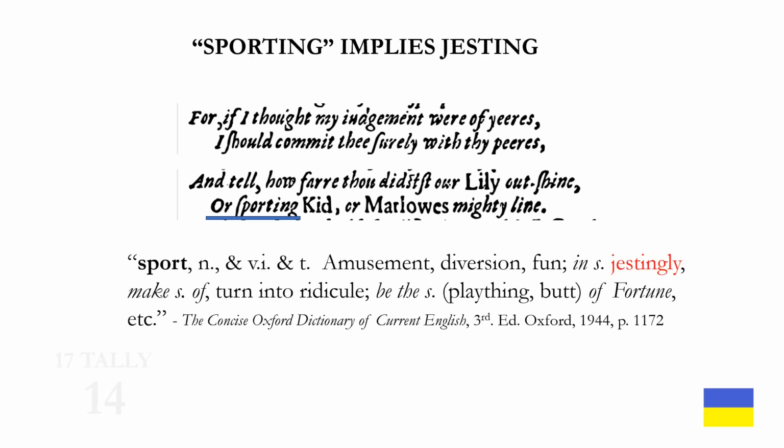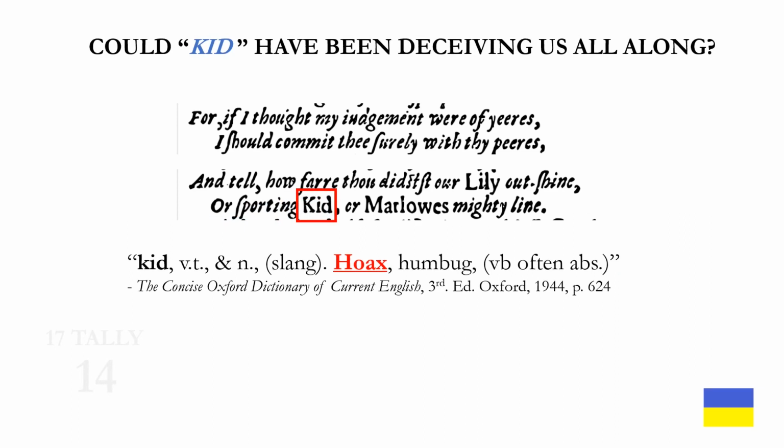Sporting implies jesting, as it says in the Concise Oxford English Dictionary of Current English, which is actually Old English from our perspective. It's defined as amusement, diversion, fun, jestingly. Could Kidd have been deceiving us all along? Because Kidd in slang means hoax.